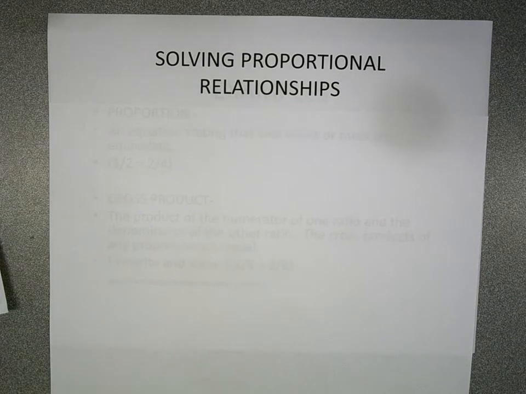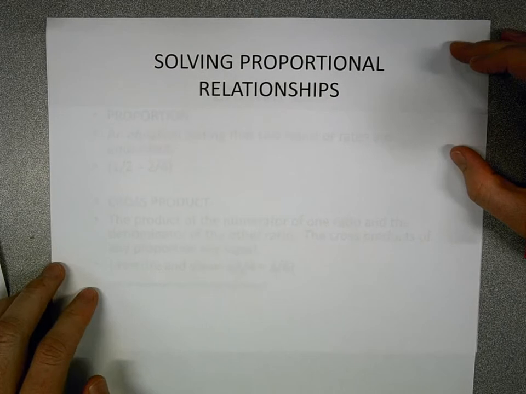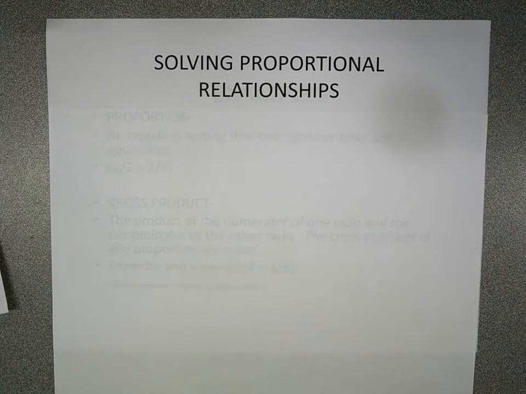Okay, guys, so the very first lesson in this chapter had to do with unit rates. We talked about how we have two different types of units, and you get the one unit down to one.